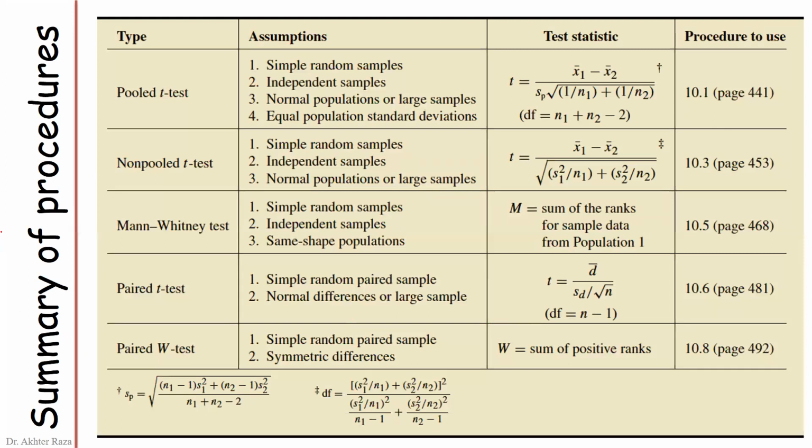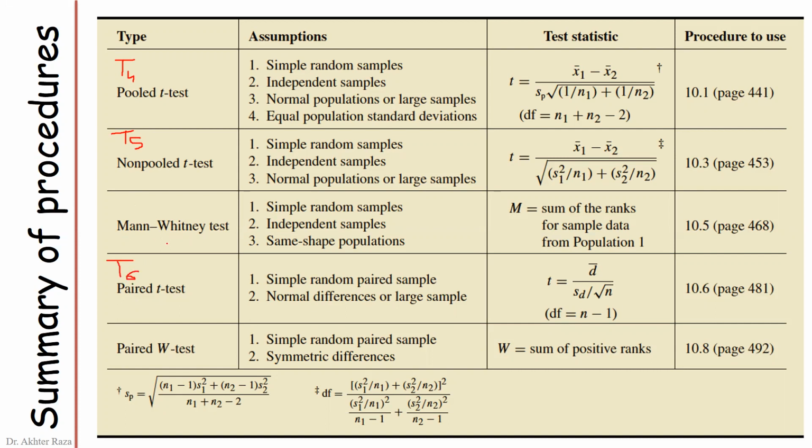So this is the list of procedures in this chapter. In this chapter, we have procedure T4, procedure T5, which we have analyzed, and procedure T6. These three procedures we have recorded.